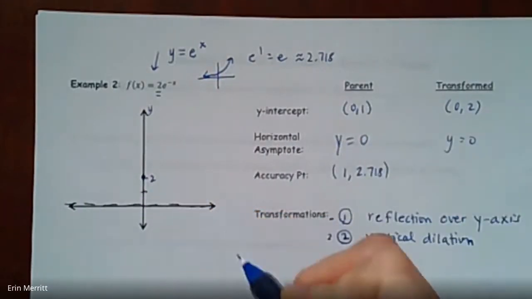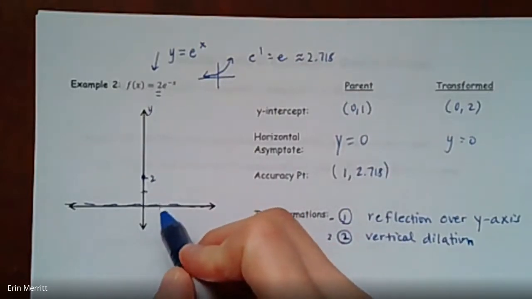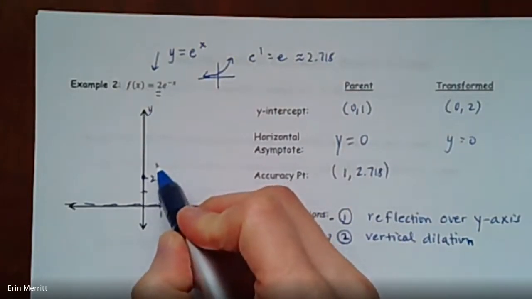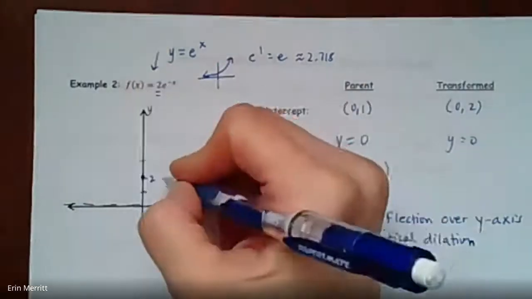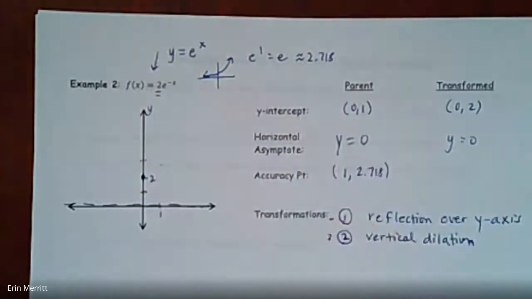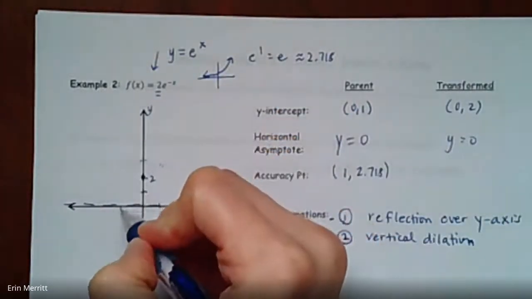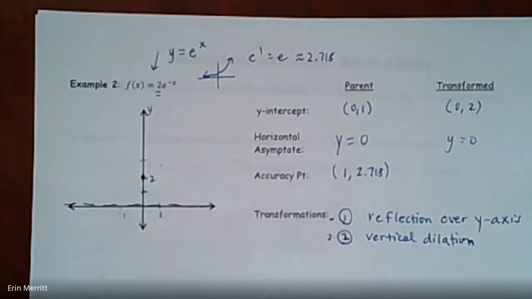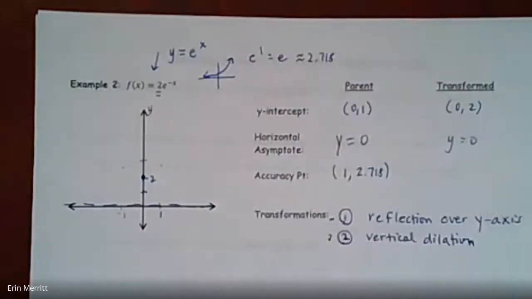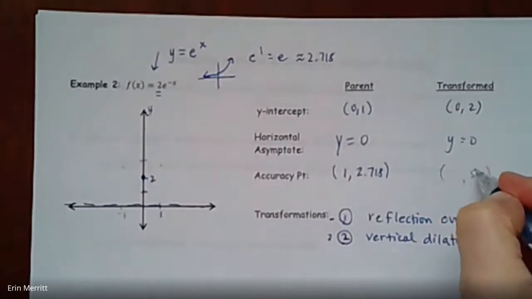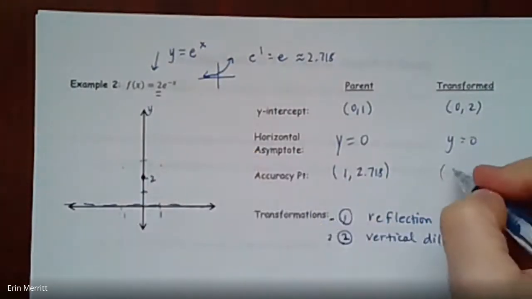All right, and then the accuracy point. If we take the point (1, 2.718), so let's say it's here-ish. If we flip it over the y-axis, it will come back to here, and then we're going to double the y value. So 2.718 times 2 is about 5.4. And as for my x value, it flips, so it's back here at -1.